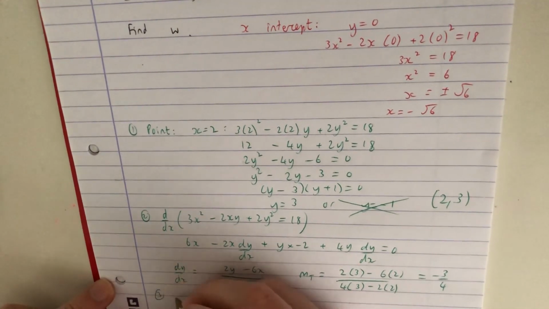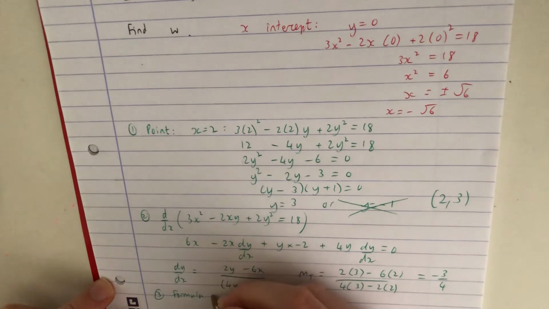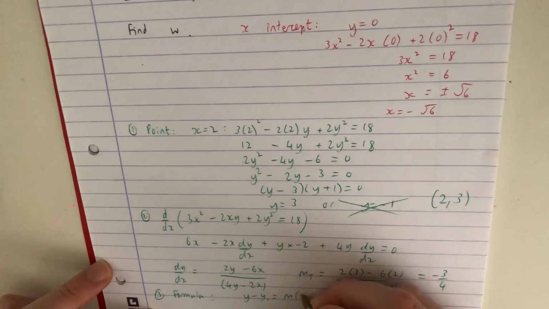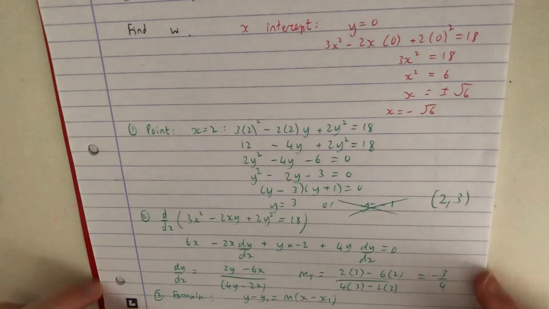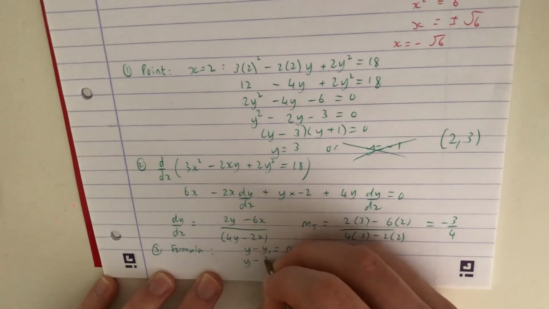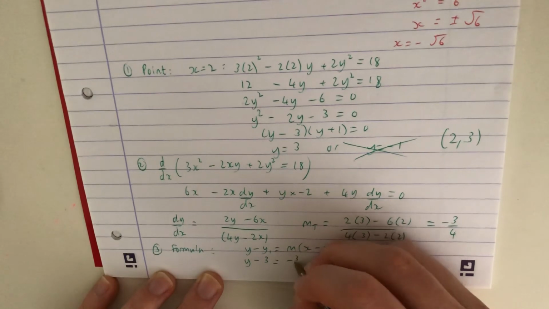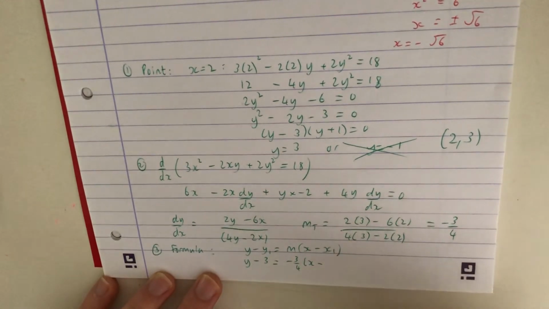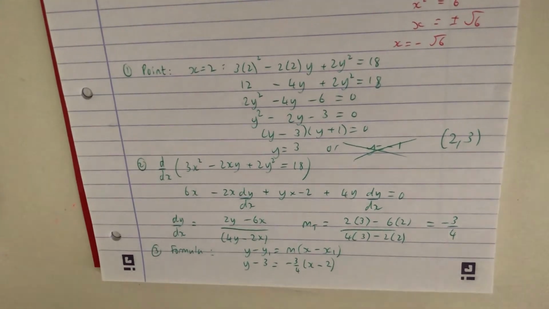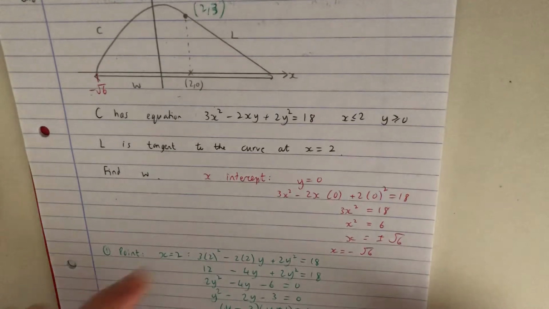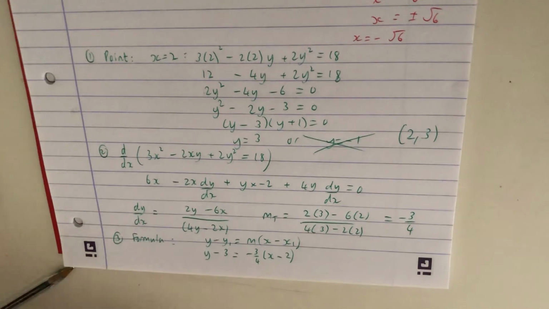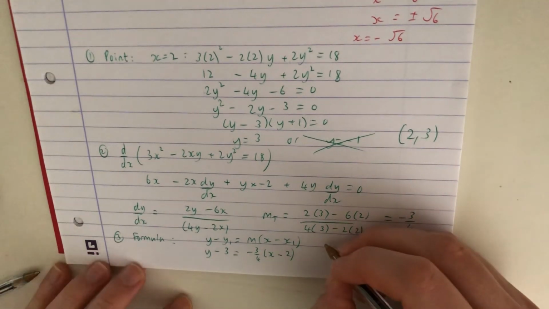And then the formula, that would be y minus y1 equals m brackets x minus x1. And for this line, that would be y subtract 3 is equal to minus 3/4 x subtract 2. And that would be the equation of that line. And remember, we are trying to work out the x-intercept. So to work out the x-intercept, I'm going to try and squeeze it in at the bottom of this page.